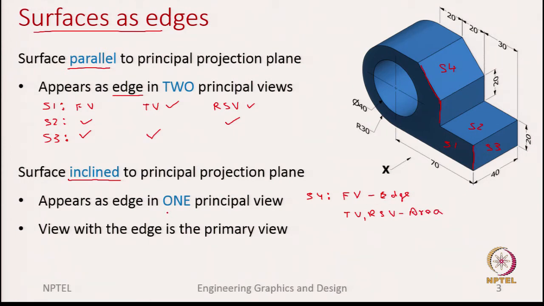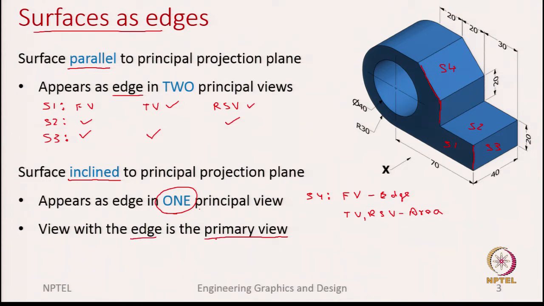So, the important point is this inclined surface appears as an edge in one of the primary views, okay. So, this is important because this view where it shows up as an edge, we call it the primary view or the principal view. So, the view where it shows up as an edge is called the primary view.